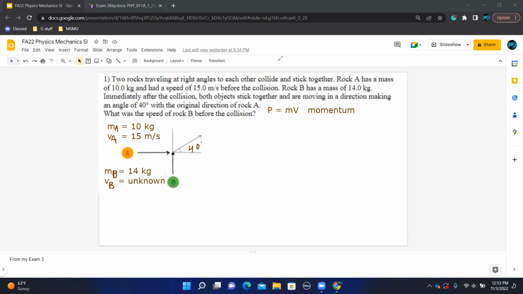So note that for rock A, this is completely on the x-axis. And for rock B, that's completely on the y-axis. And at the end, you have vector components of x and y. That one's going that way, and this one's going up.